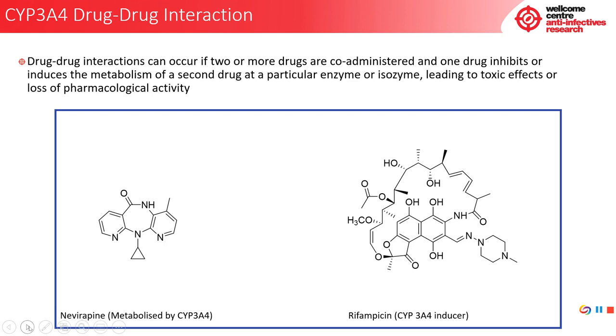So this is one classic case where drug-drug interaction can lead to inadequacy of therapy, in this case for antiretrovirals, but this can be mitigated by increasing the nevirapine dose or decreasing the rifampicin dose, whichever one is deemed ideal by the clinician in charge.